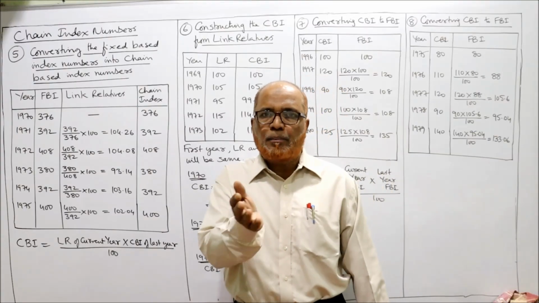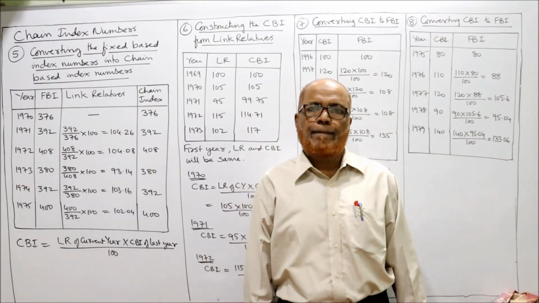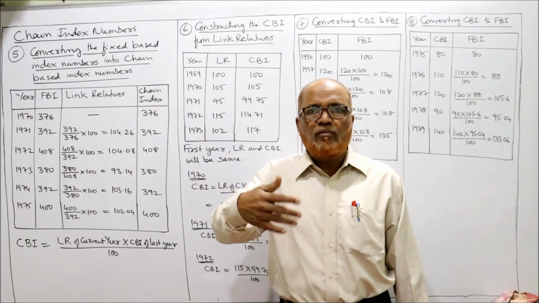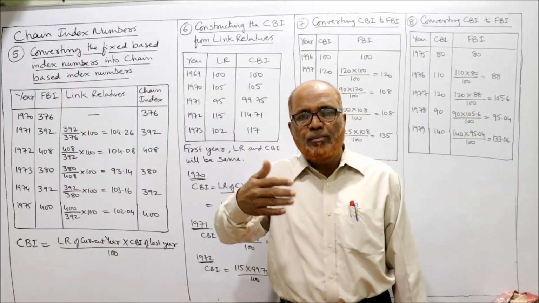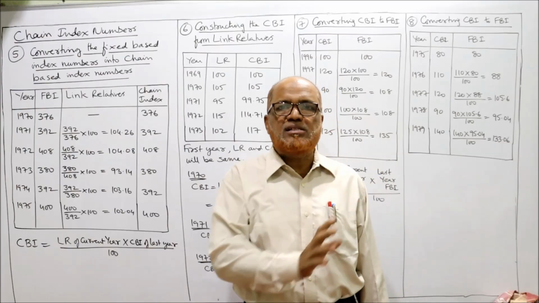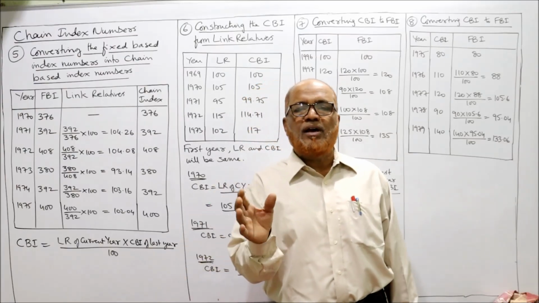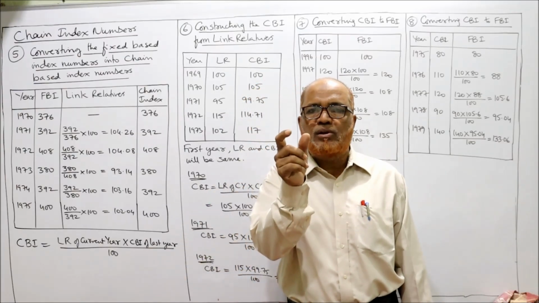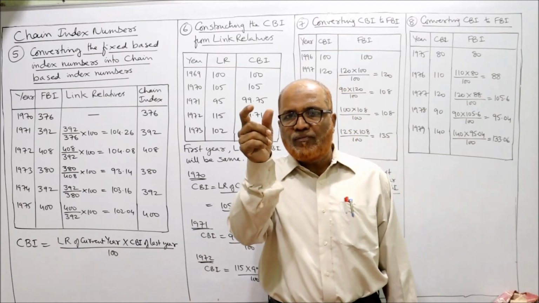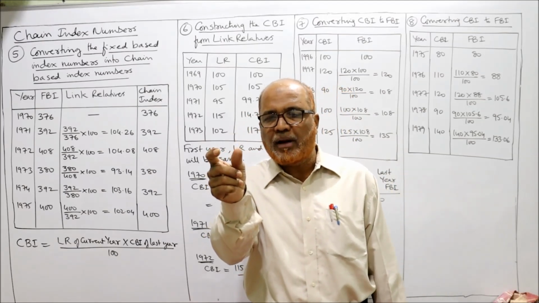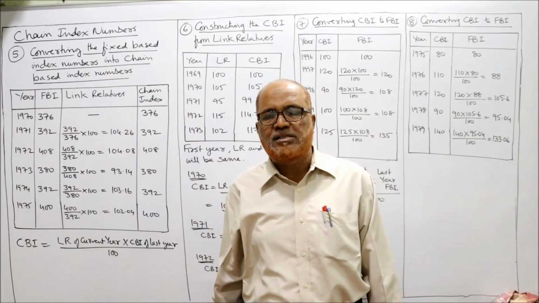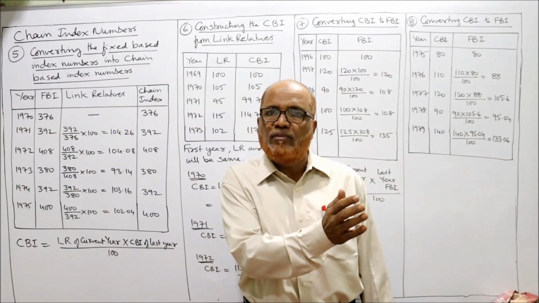For every year, the preceding year will be the base year. The base year will always change, because as we move on, every previous year will become the base year. For example, we are calculating the index number for 2015. For 2015, 2014 will be the base year.